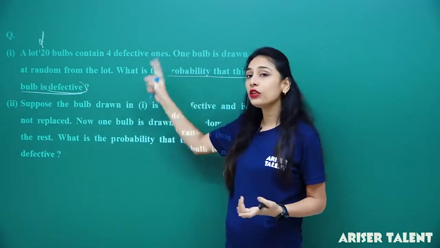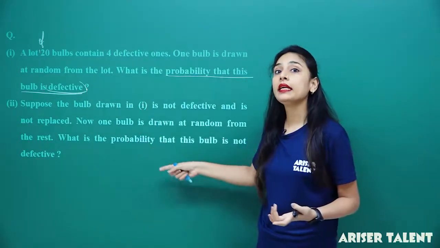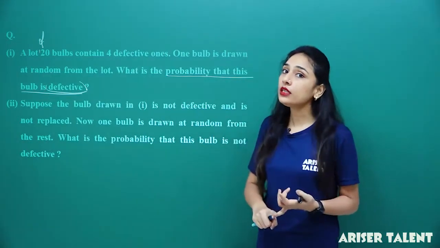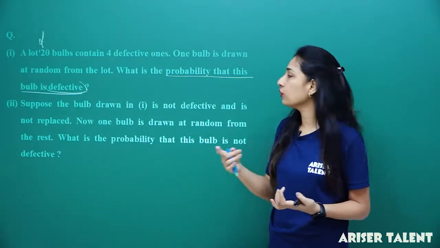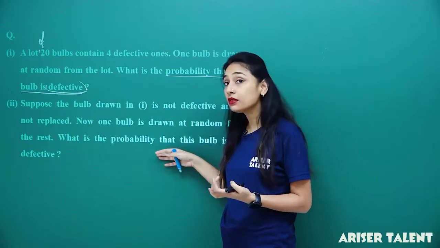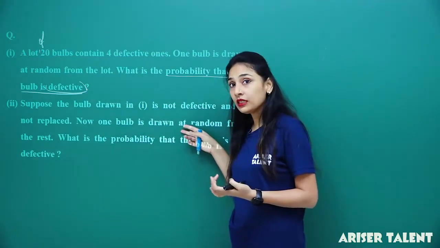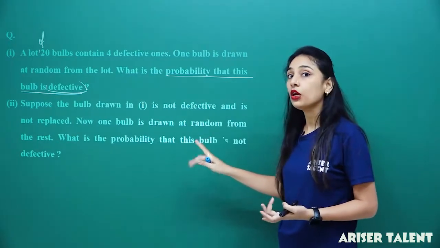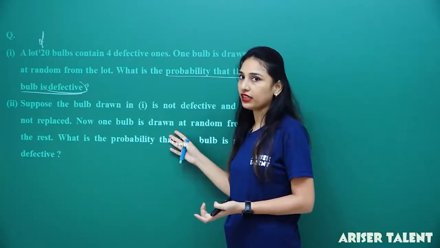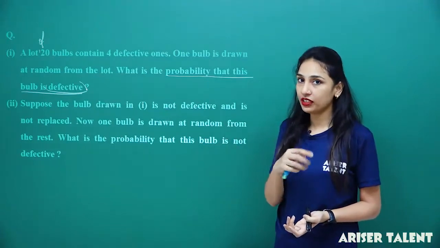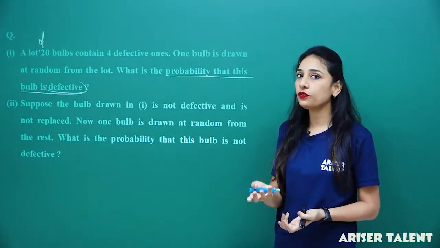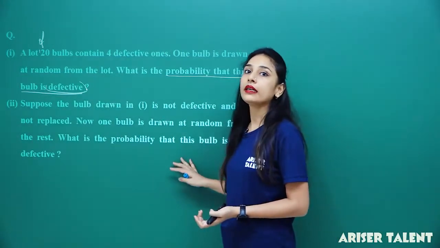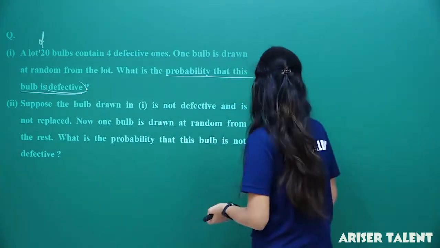Here it was 4 defective and 16 normal, here it is obviously still 4 defective. Why 4 defective? Because the drawn one is not defective, it's normal. So 4 defective because a defective one has not been drawn, and now 15 because 19 minus 4 is 15, so 15 are the good or normal ones, right?